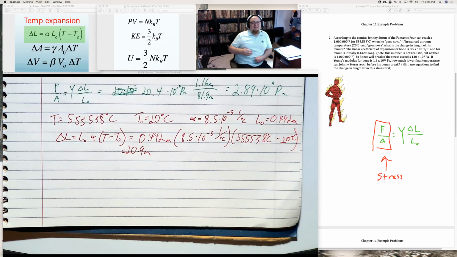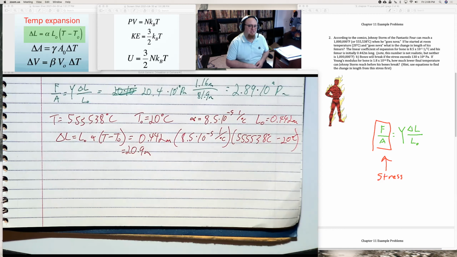And you get 20 meters, which is dumb and not realistic. Also, keep in mind, long before this temperature, you would burn to an ash. Actually, you'd destroy the planet if you had something on the planet being that temperature. But you know, minimal details.